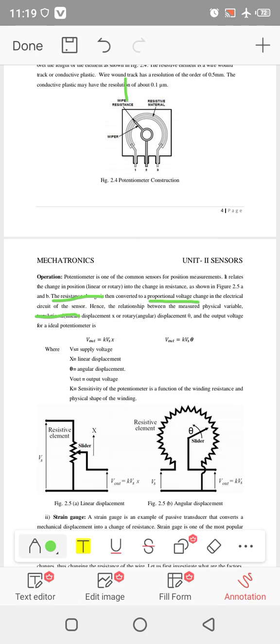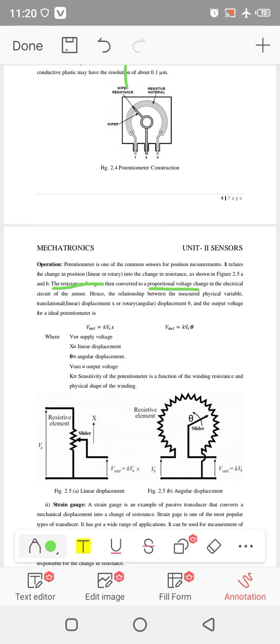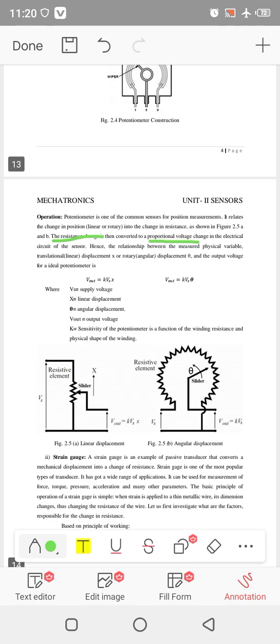The potentiometer can measure either angular displacement or linear displacement. Let's see the formulas for the output voltage. We can calculate the output voltage using these formulas.